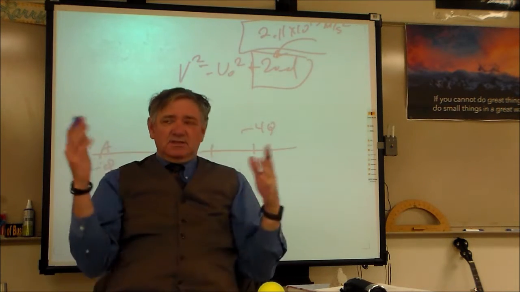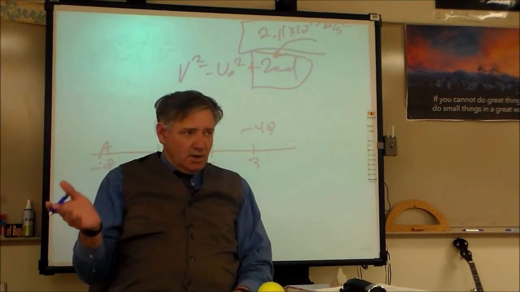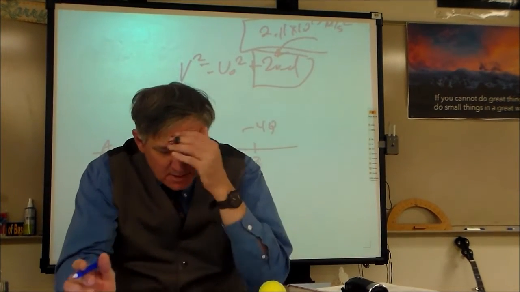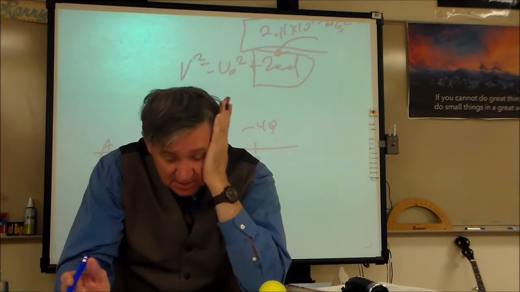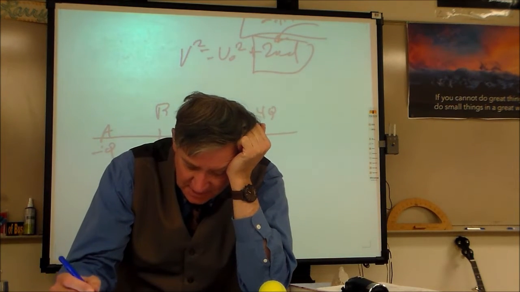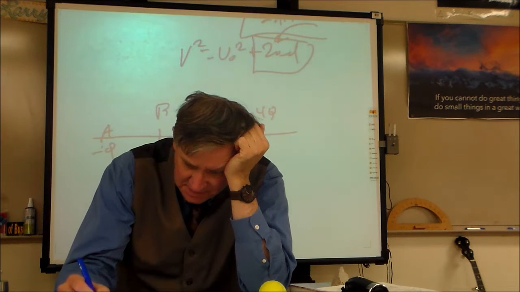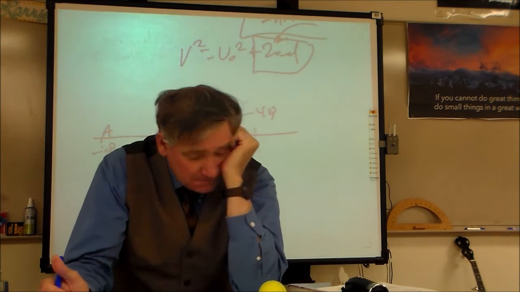Okay, so this is a fairly complex problem because you have to figure out what's going to happen here. Since you're talking about the net electric force, that's going to be K Q1 Q2 over distance squared, right?